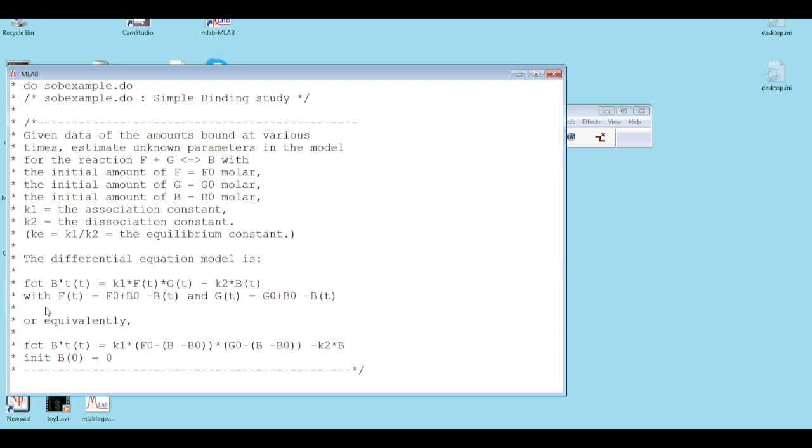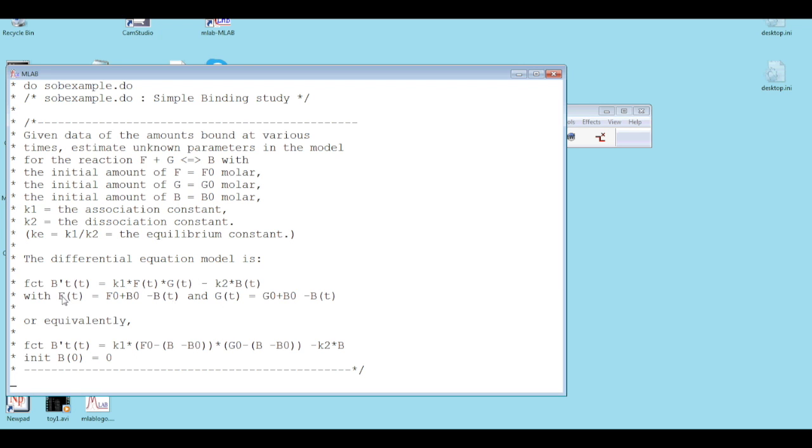Now, in fact, what is F of t? The amount of F at time t is equal to the amount of F you start with that's free, that's F0, plus the amount of F that's bound up in the B, you have to count those F molecules, that's B0 at the beginning, minus the amount that's bound right now. Well, whatever's not bound right now, that's B at t, must be free.